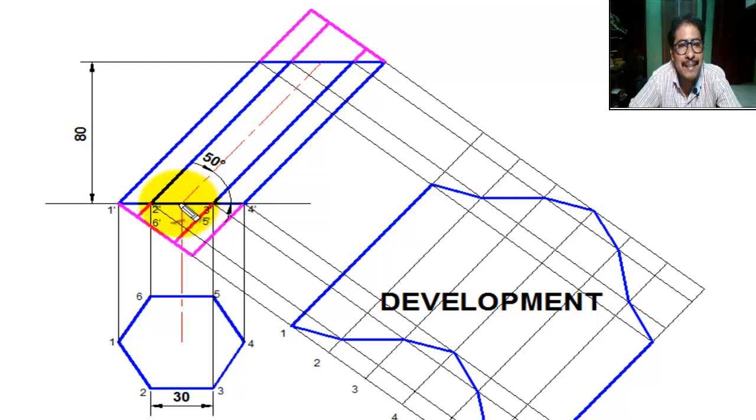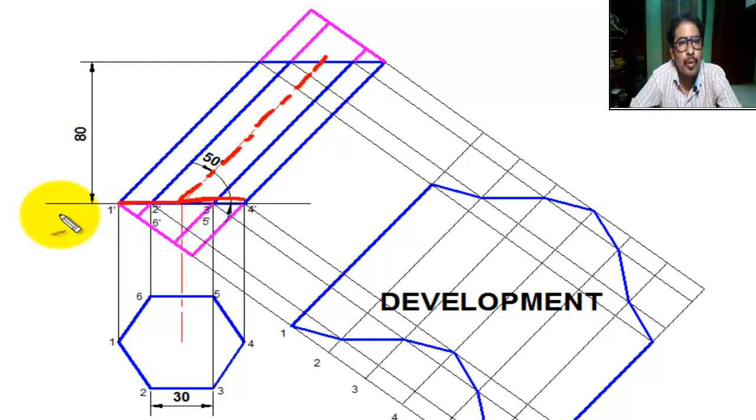Draw the axis line. This is 50 degrees. Then this is the base from 1 to 4.